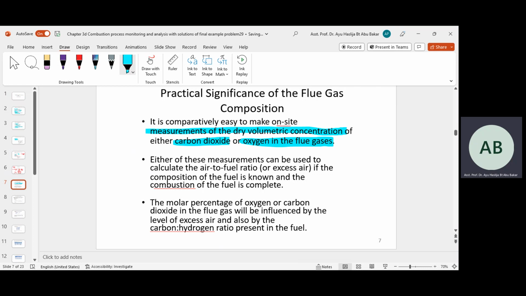Usually the gas analyzer will detect flue gases as dry gases. So this value can be used to calculate the air-fuel ratio. Then from there you can get the excess air if the composition of the fuel is known, and the combustion is assumed complete.